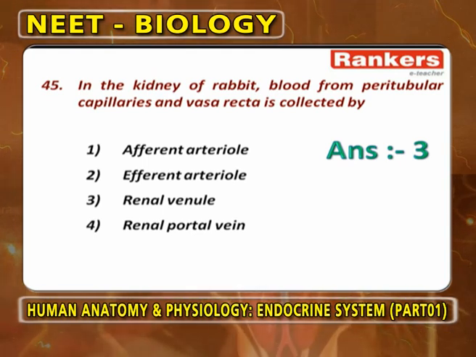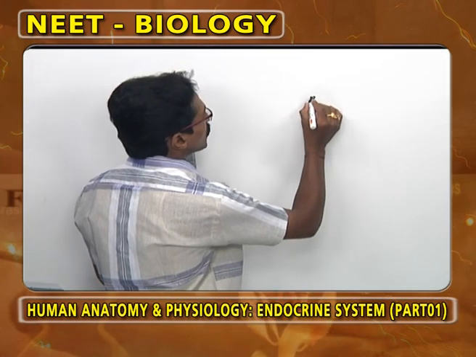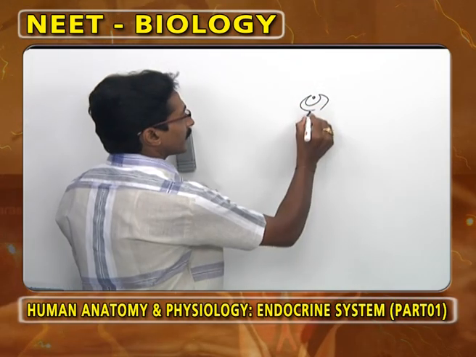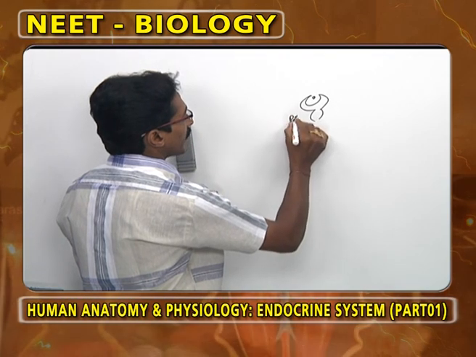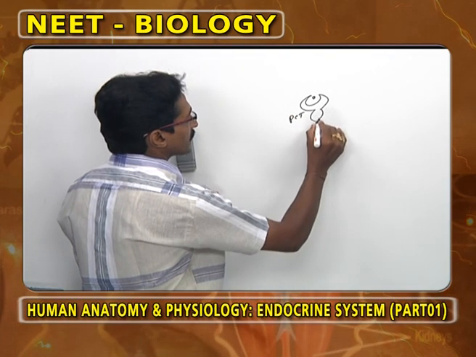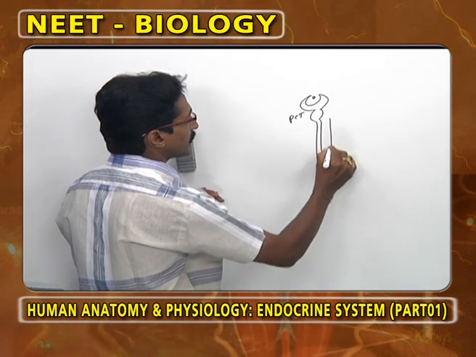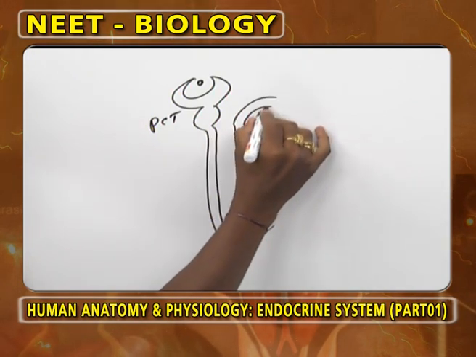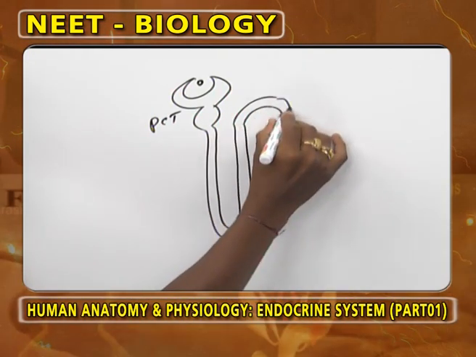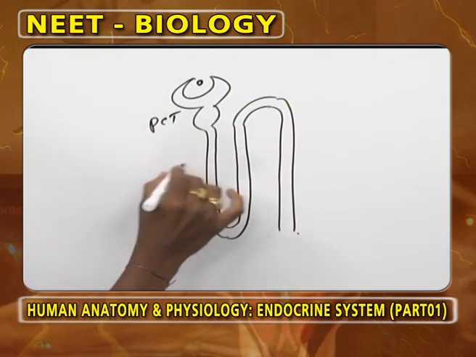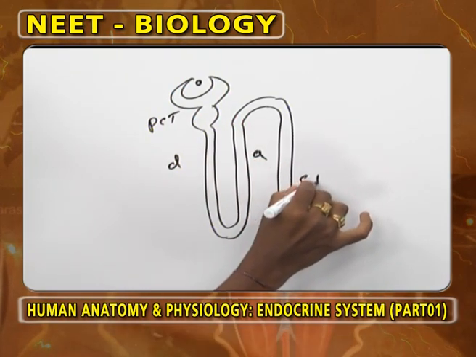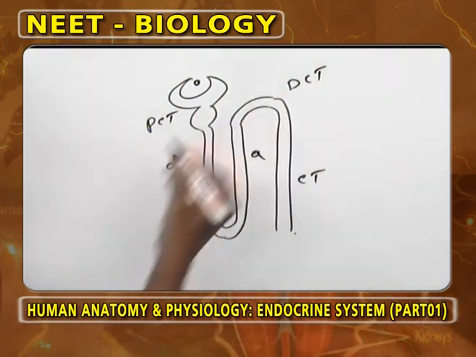Now as we observe the physiology of excretion, this one we call the glomerulus, this one the Bowman's capsule, and this one the proximal convoluted tubule, and this part the descending limb, and this is the ascending limb, and this is the distal convoluted tubule, and this is the collecting duct. Now we give the labeling: descending limb, ascending limb, collecting duct, distal convoluted tubule.